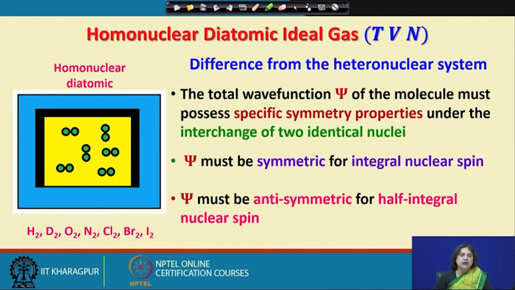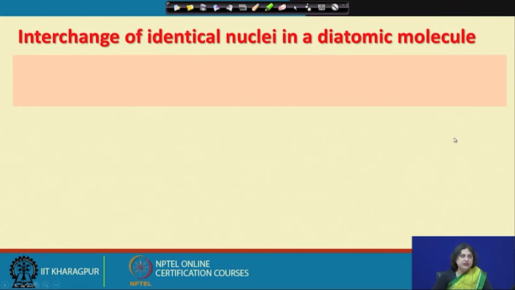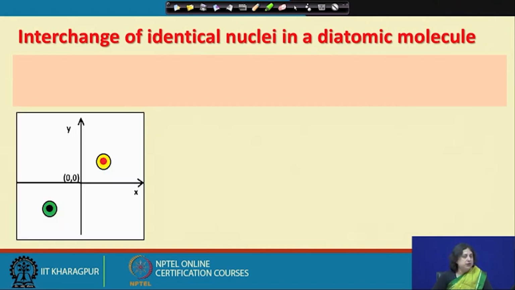And then we consider how to assign the specific symmetry requirement for different nuclei having integral or half integral spins. So, the first thing that we would talk about is shown in this approximate diagram. For the sake of simplicity, I will confine my discussion here to a two-dimensional space.